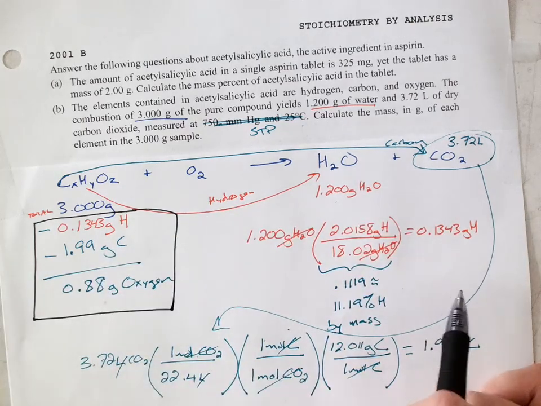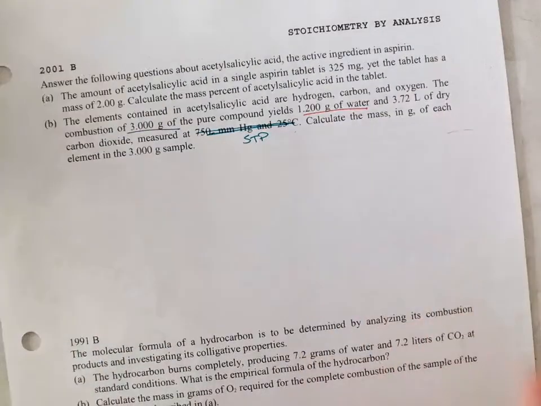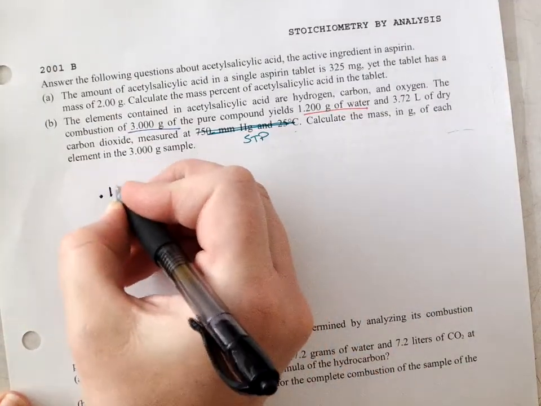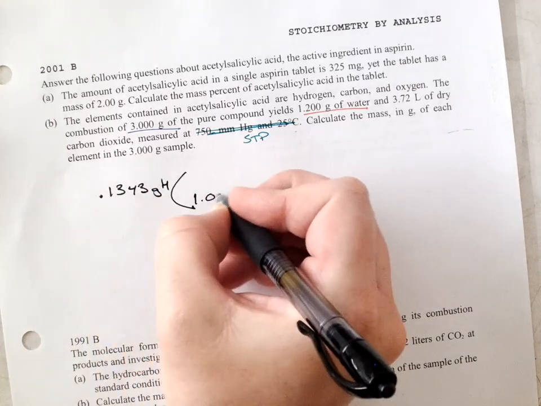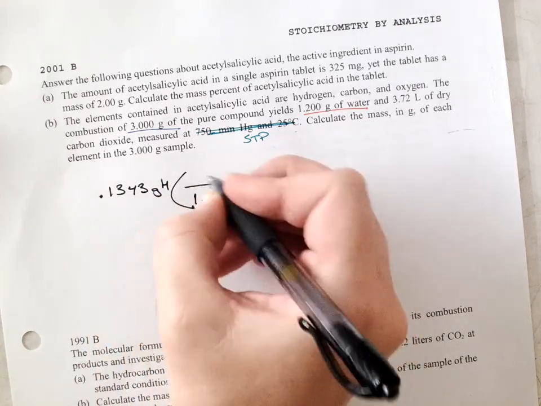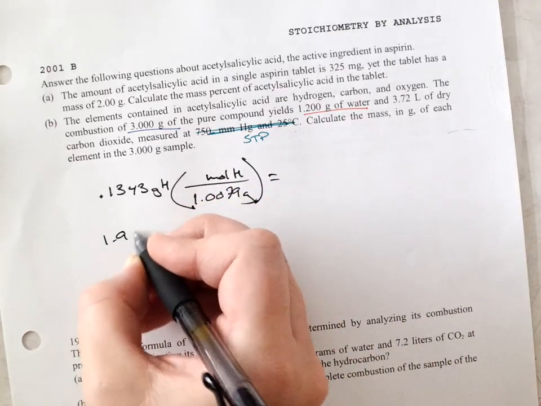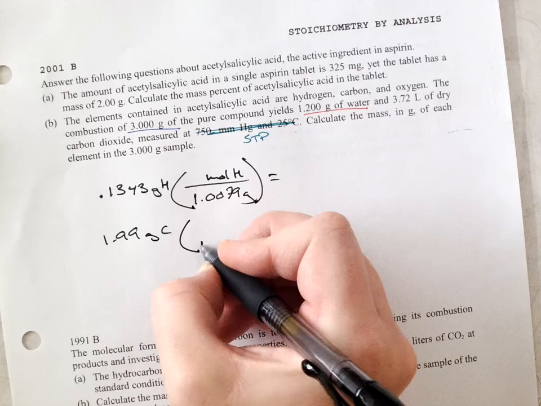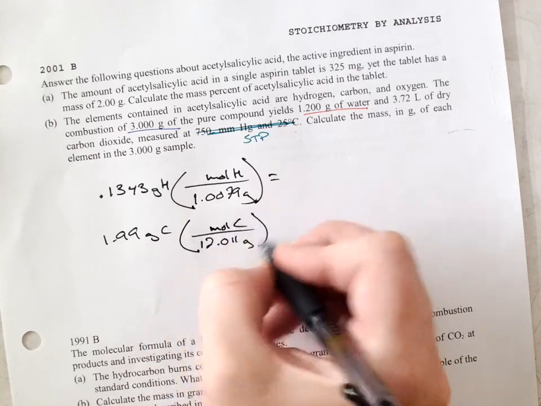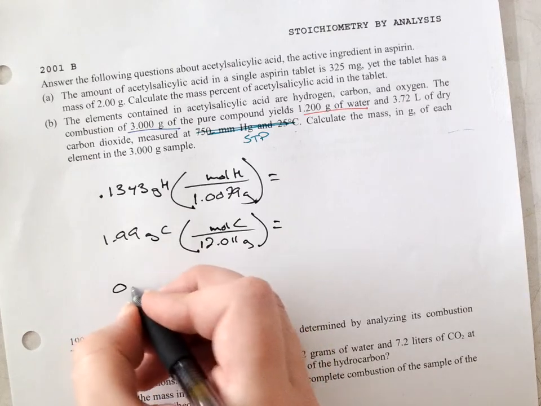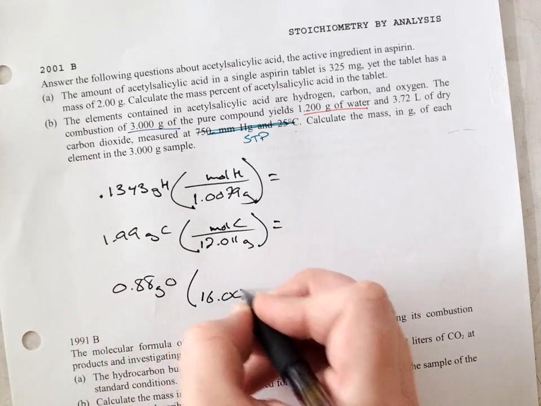Let's see. 0.1343 grams of hydrogen, 1.99 grams of carbon, and 0.88 grams of oxygen.